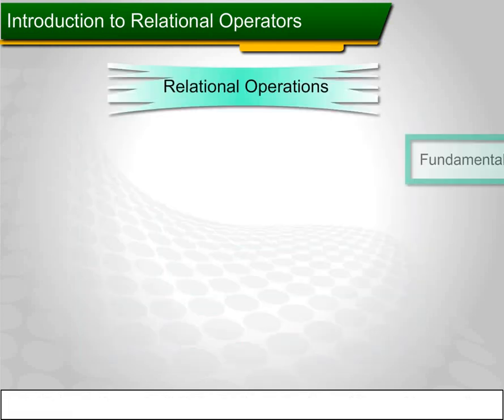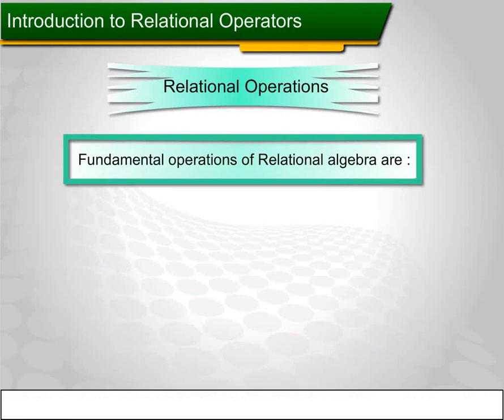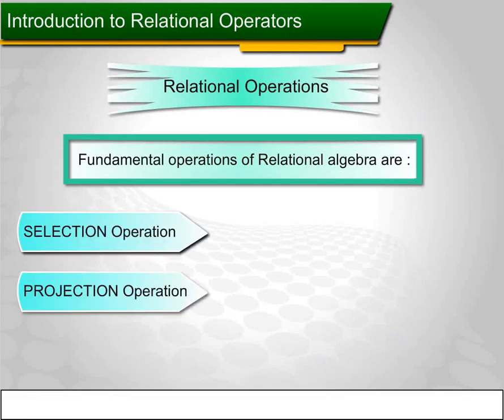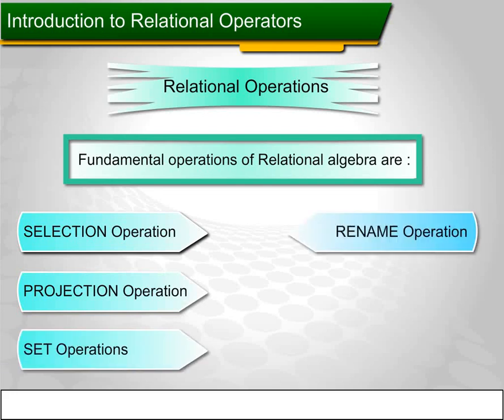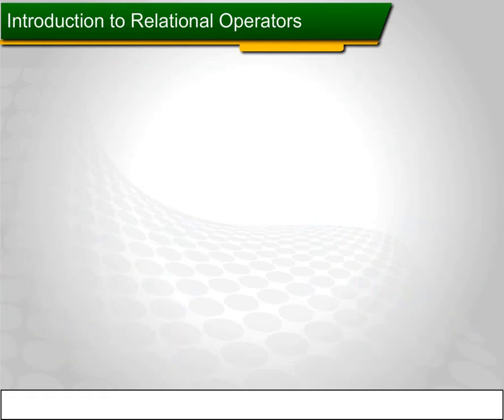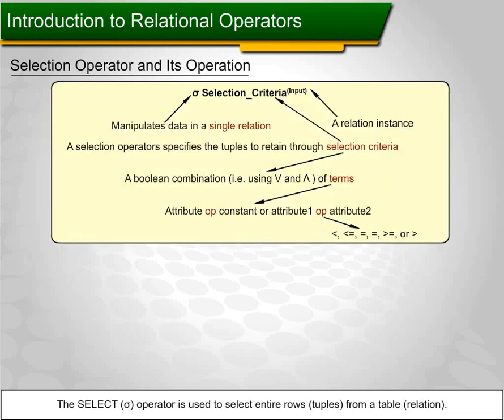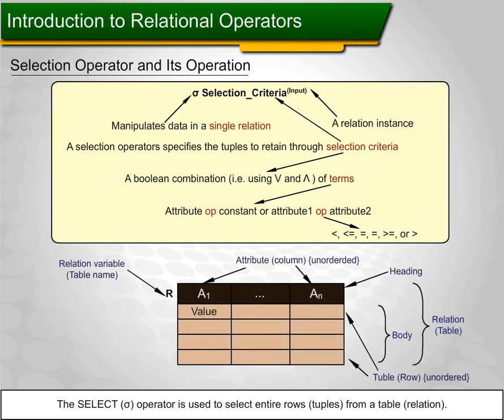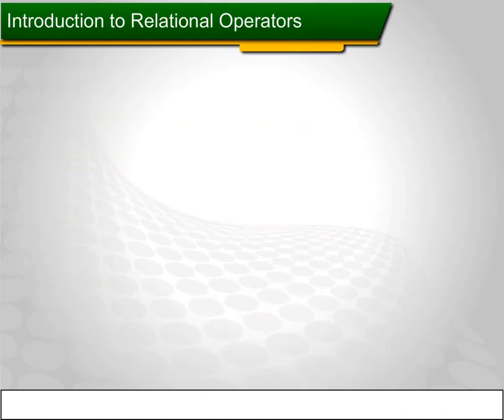Relational operations. Fundamental operations of relational algebra are selection operation, projection operation, set operations, rename operation, join operation, division operation. Selection operator and its operation. The select sigma operator is used to select entire rows, that is tuples, from a table, that is a relation.